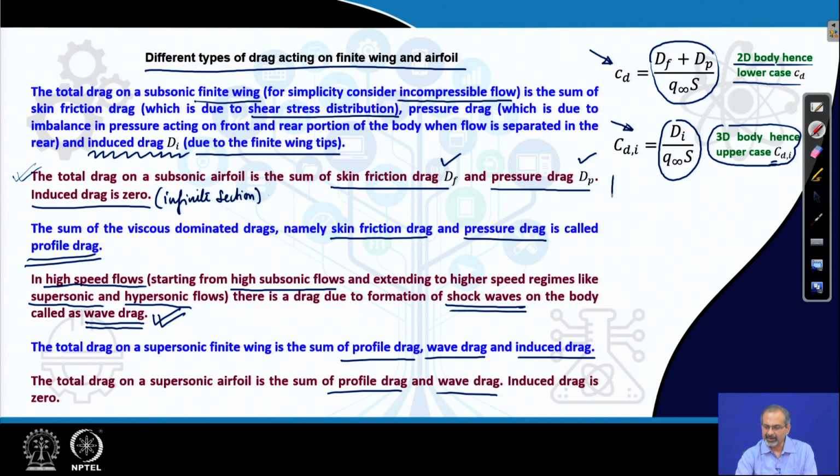Mind it that in addition, if you are assuming the flow to be inviscid, which is of course a theoretical situation, because you can never ignore at least the boundary layer effects around the body anyway. So, in a perfect inviscid flow, remember that even the skin friction component will go to 0.